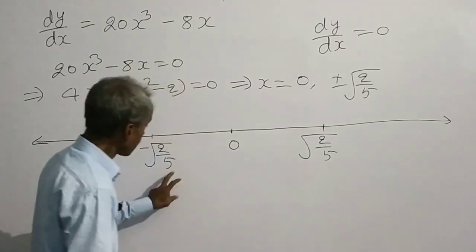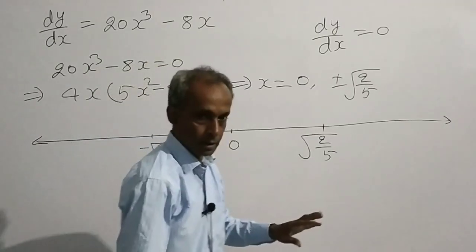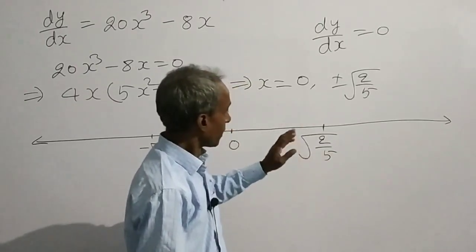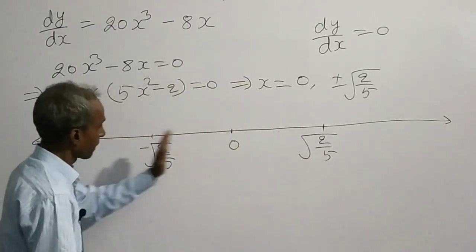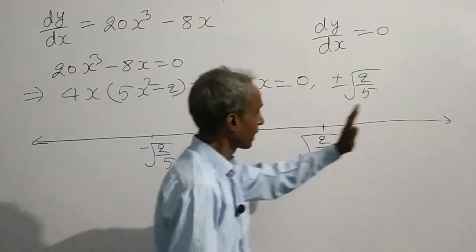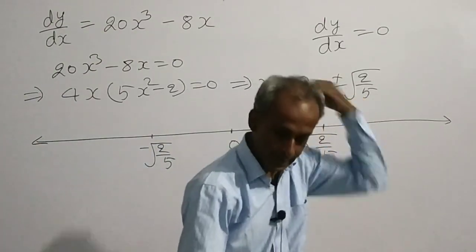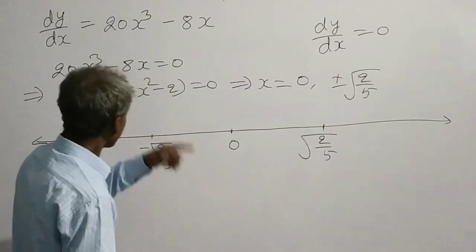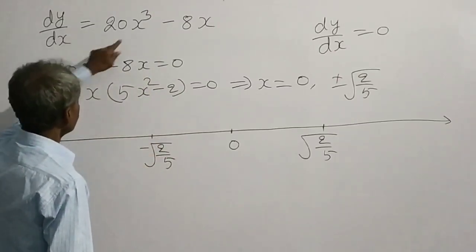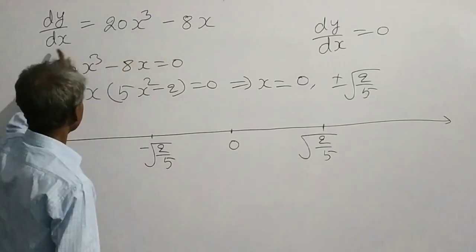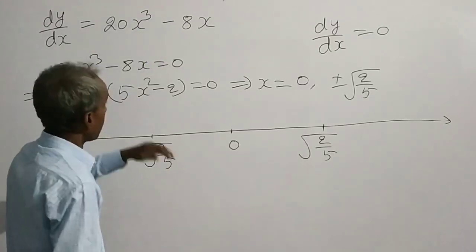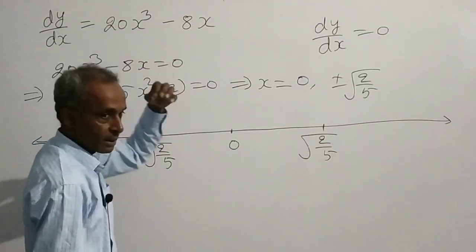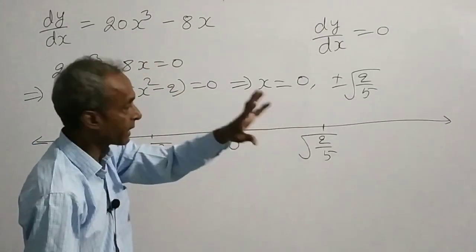Any number except these three numbers, lying in any of these intervals, we will put that number in place of x in this dy/dx and see whether the result is a positive number or a negative number.